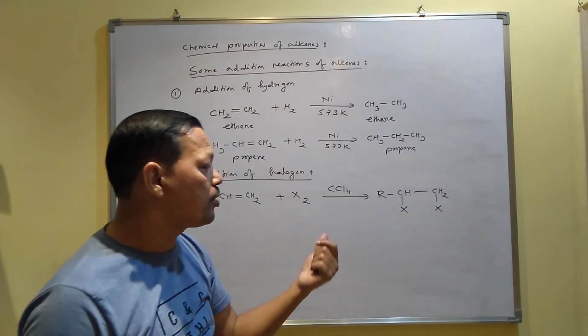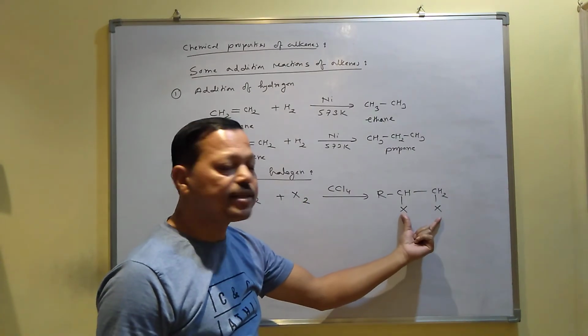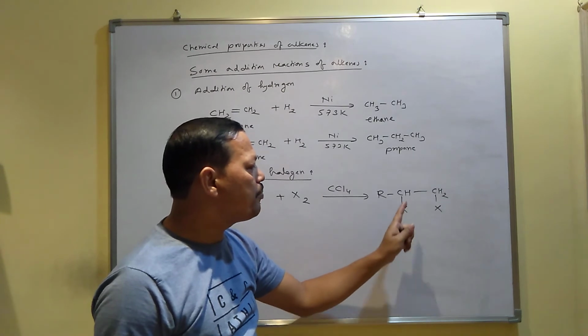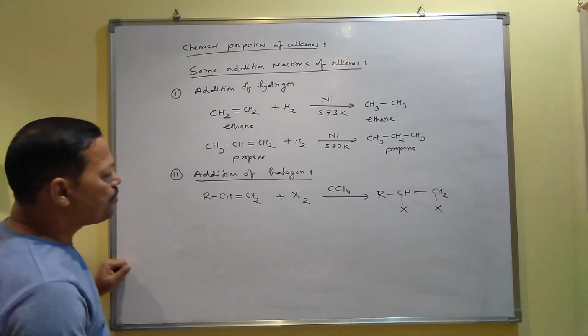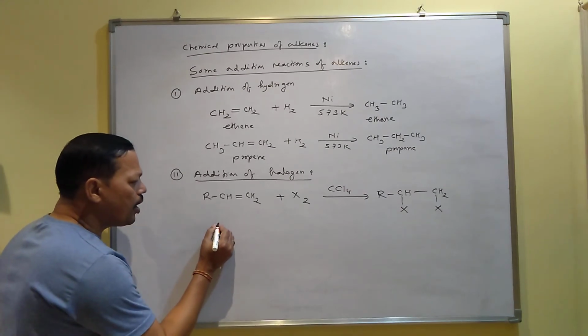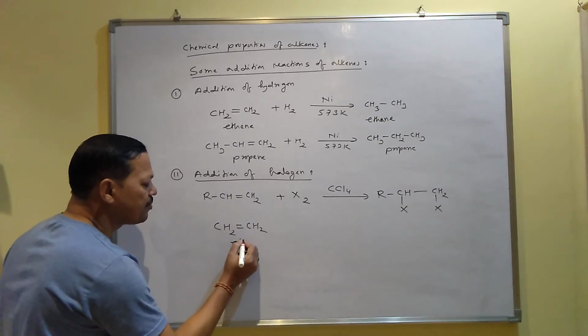And as you have seen, there are 2 types of dihaloalkane, vicinal and geminal. This is one example of vicinal dihaloalkane, because 2 adjacent carbons contain 2 halogens. For example, this is your alkene, ethene.